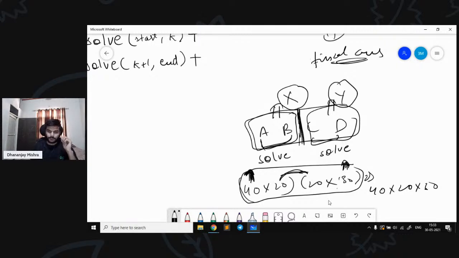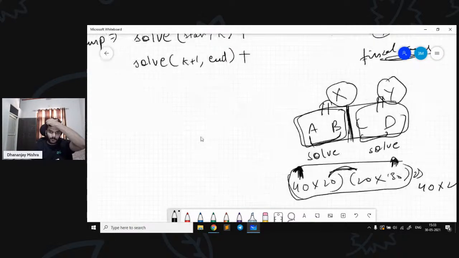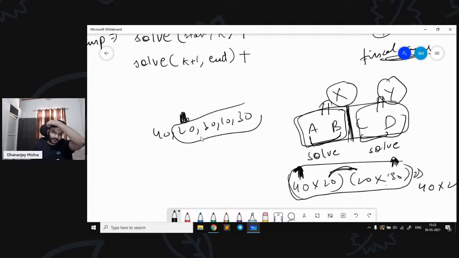So for calculating the cost of this x and y, suppose this was our range: 40, 20, 30, 10 and 30, right? And if I want to calculate the cost of this one, what will I do?